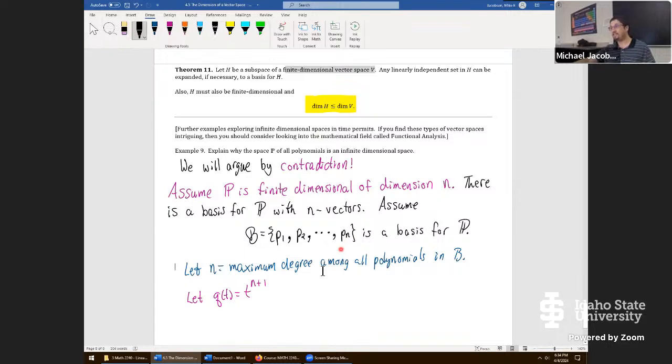So now, because this had finite degree n, and we can define a real polynomial of higher degree, we can now say this.